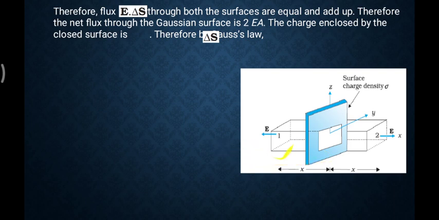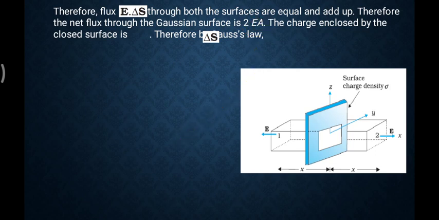So this is the flux through this: E times A. Now the flux through this also, because the direction of E is independent of each other, no negative sign will contribute; both have independent flux, and E has both directions. Now in the second case, E dot delta S is also E times A, where delta S is going to be A, the area. So sheet 1 has flux E times A, and sheet 2 also has flux E times A. So the total flux of the system due to this present sheet will be 2 times EA.